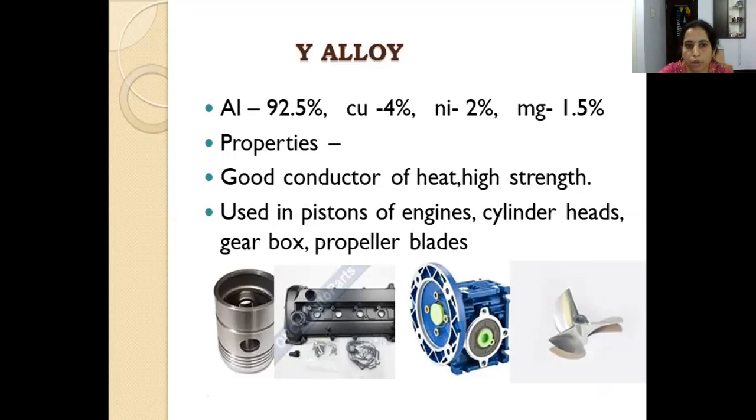Two important alloys of copper are brass and bronze. Then we moved to the aluminum alloys, in which you have alclad, duralumin, aluminum bronze, and Y alloy. By this, we are ending with the presentation about alloys.